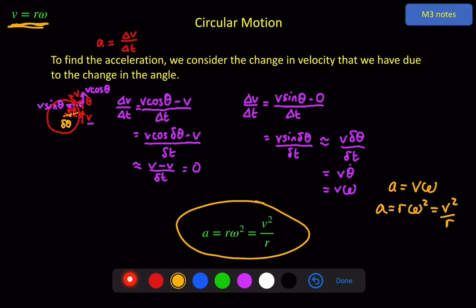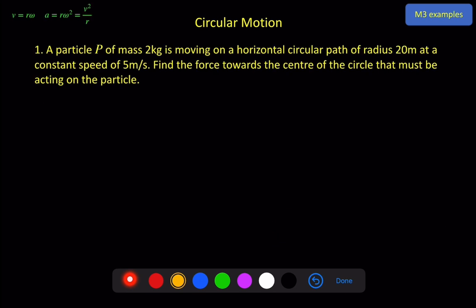And of course, once you've got A, you can then combine that with F equals ma to find the force involved to produce that acceleration. So here we've got a particle P of mass 2 kilograms moving on a horizontal circular path of radius 20 meters at a constant speed of 5 meters per second.